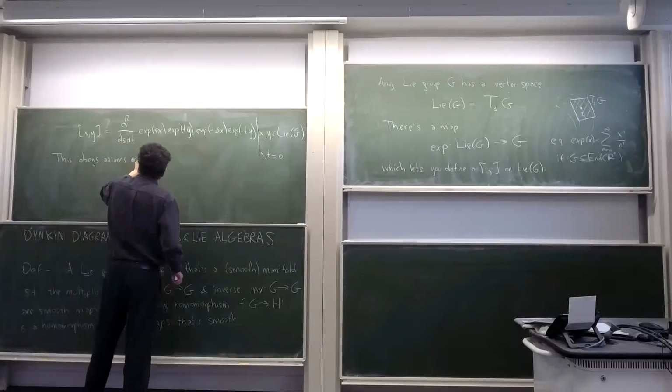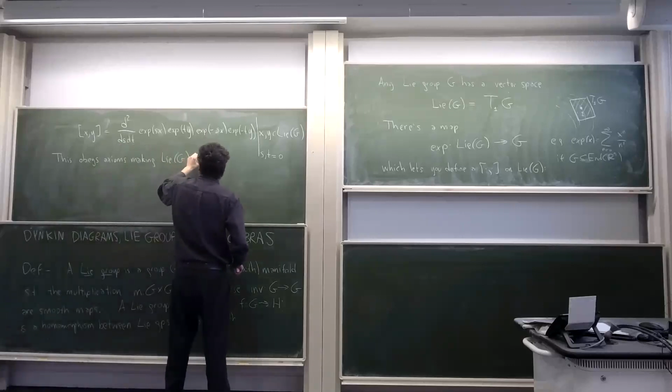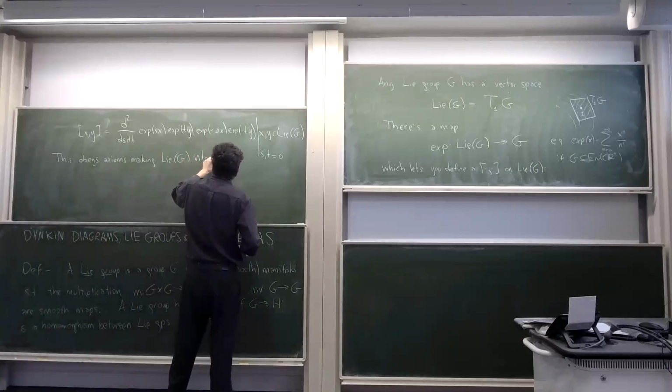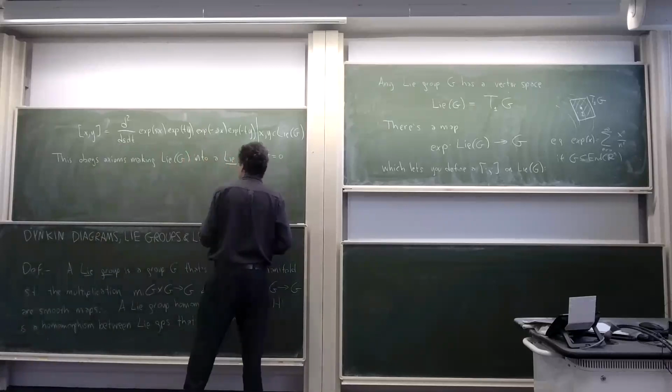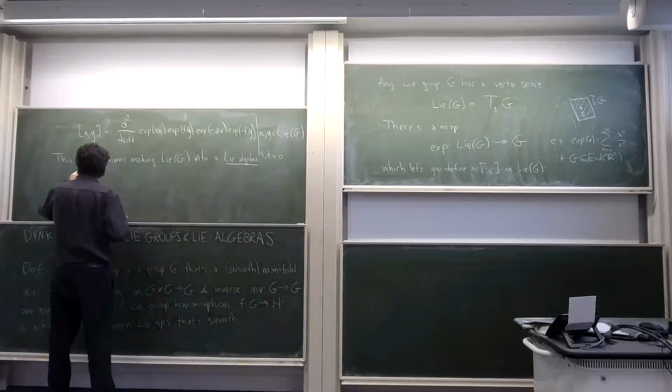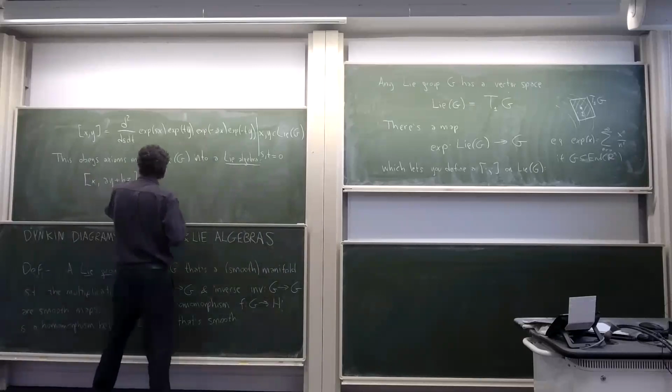For starters, I'm not going to use these axioms at all, but this obeys some axioms, making Lie of G into a gadget called a Lie algebra. At first I was going to not even write down the axioms, but that seems sort of tantalizingly close to explaining them without actually getting there. So I'm not really going to explain them, I'm just going to say what they are.